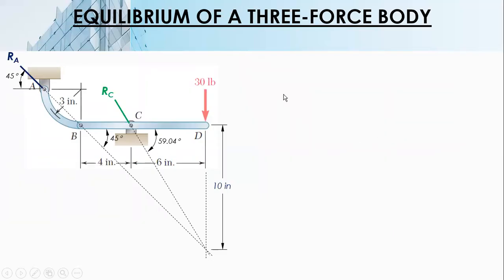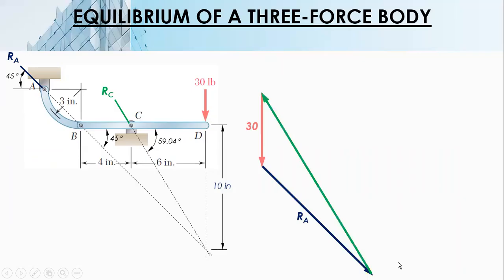Okay. Since known na ang direction sa RA and RC, we can now construct the force polygon. Okay. So we have 30, and then 30, and then RA, and then RC.